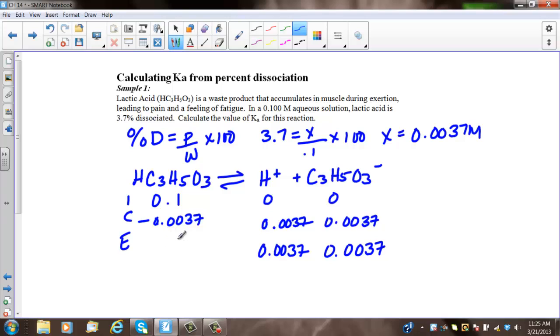So 0.1 minus 0.0037 gives us 0.0963. In setting up our Ka expression, we know that Ka is equal to the concentration of H plus times the concentration of C3H5O3 minus over the concentration of lactic acid.